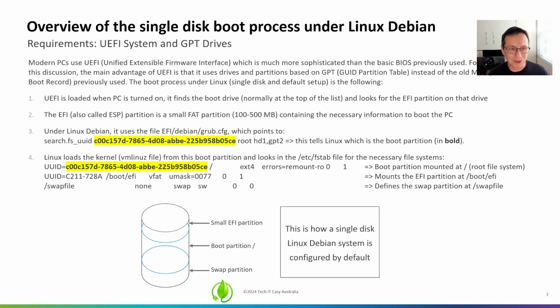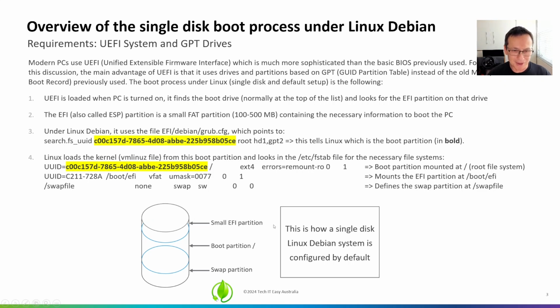Then it will load the kernel from this boot partition, and it will look in the fstab file for the necessary file systems. So again, the main boot drive will be this one highlighted here. It will load as the root file system, and then it will also load the EFI partition under the boot EFI name.